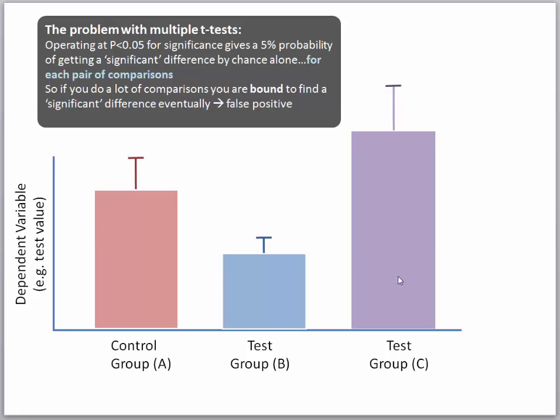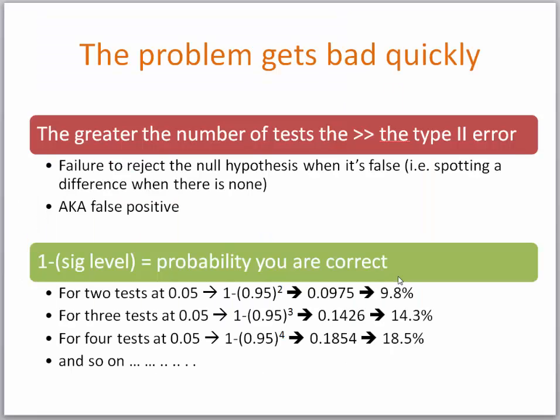It's not what we're trying to get. We're trying to do the opposite of that. And this problem gets bad very, very quickly. Okay? We start to generate false positives very fast, and it's bad. So when we have a couple of tests at that significance level, we start to get an increased likelihood of finding something.